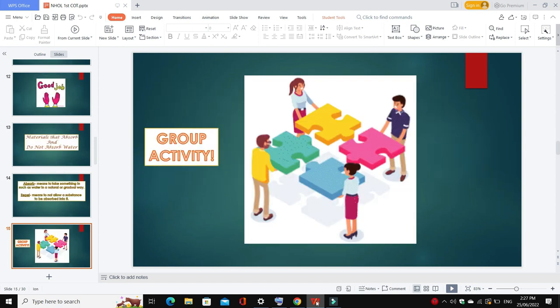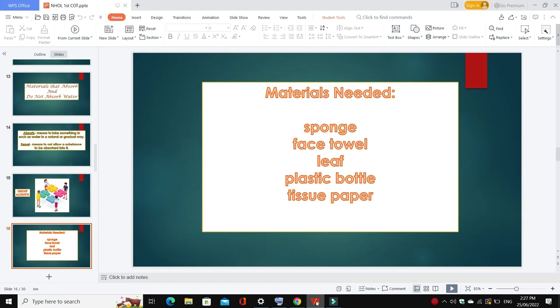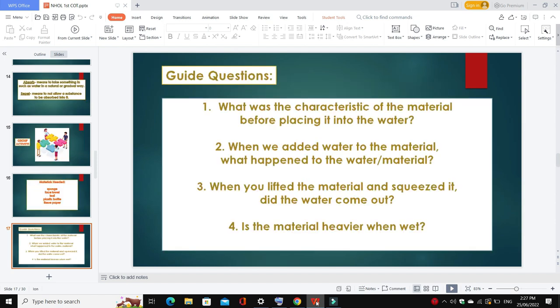Group activity. Materials needed: sponge, face towel, leaf, plastic bottle, tissue paper. Guide questions. What was the characteristic of the material before placing it into the water?